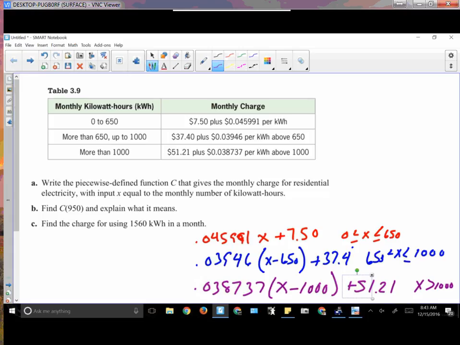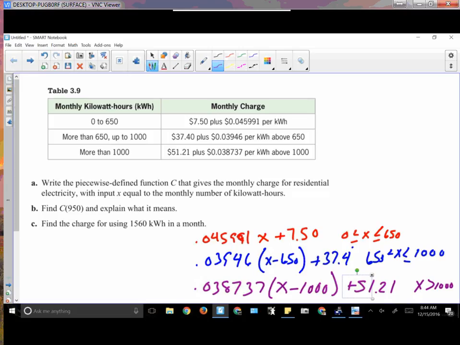The red, the blue, or the purple? Blue. Why? Because that's where 950 sets in. So I'd plug in 950 for X, subtract off 650. Right? Then I'd have 300 kilowatts left, multiply it by that, add 37.40, and I got my charge.